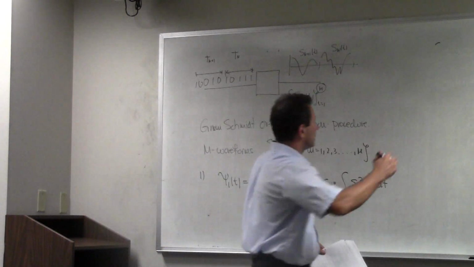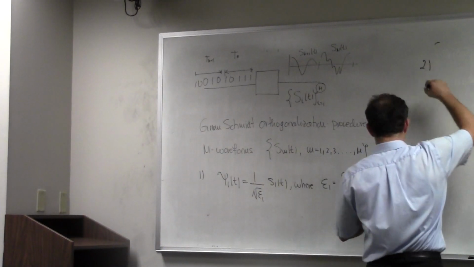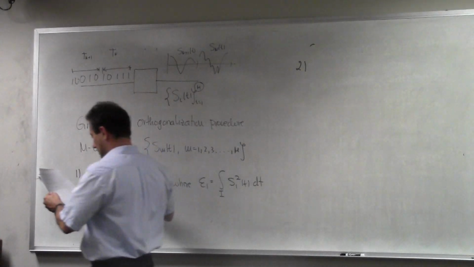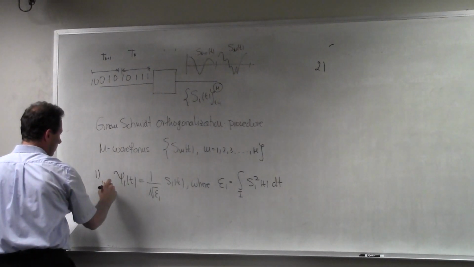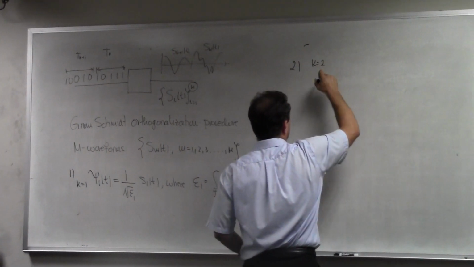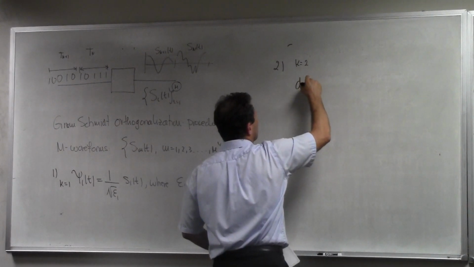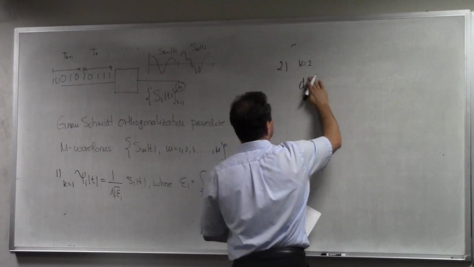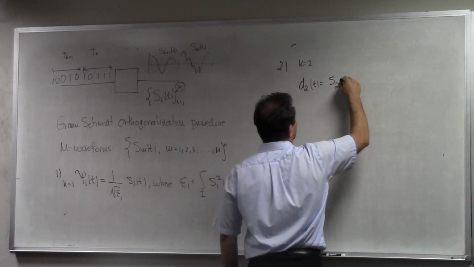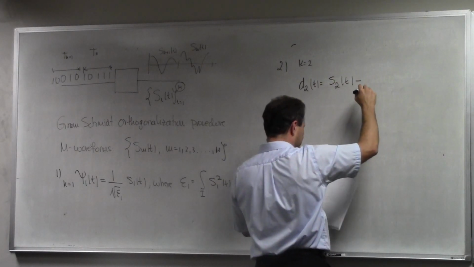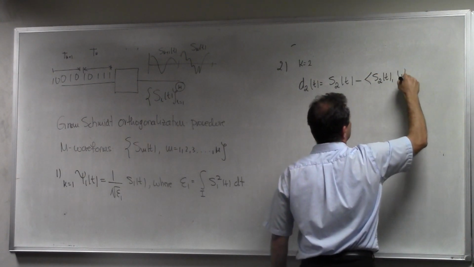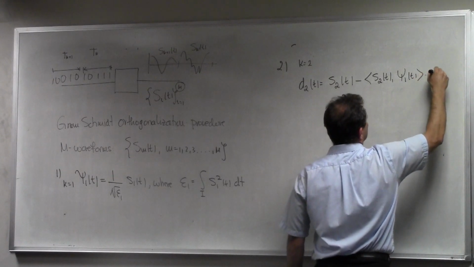The second basis vector, I'm going to determine in the following way. This is k equals 1. k equals 2. I'm going to say d_2(t) is going to be s_2(t) minus s_2(t) in dot product with psi_1(t) times psi_1(t).